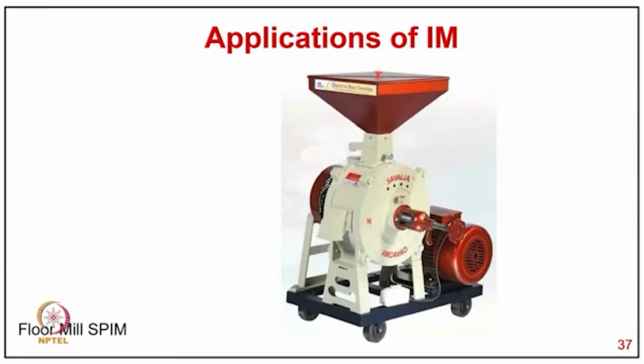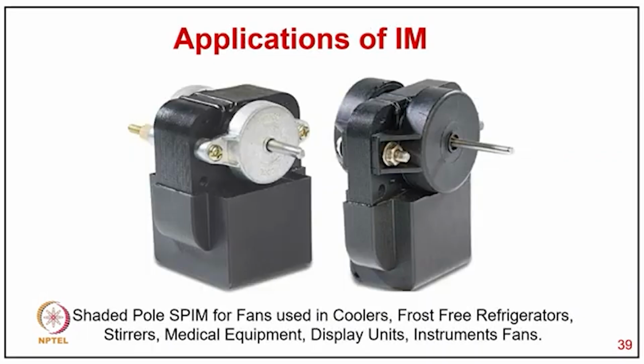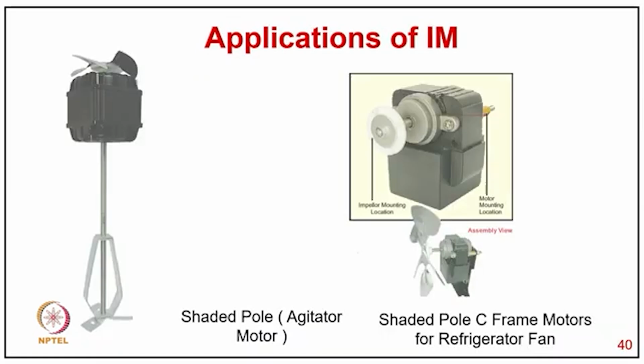Then flour mills. Then you have a single phase gear motor to get a very low speed, like 1 to 70 rpm, and a 120 rpm AC shaded pole gear motor basically. These are used for coolers, frost-free refrigerators, exterior medical equipment, display units, and instrument fans. Then a shaded pole motor for an agitator motor, and a shaded pole C-frame motor for a refrigerator fan.